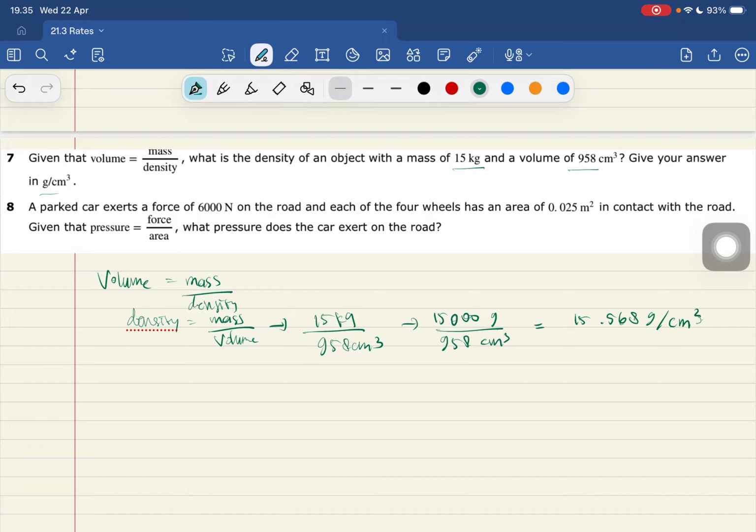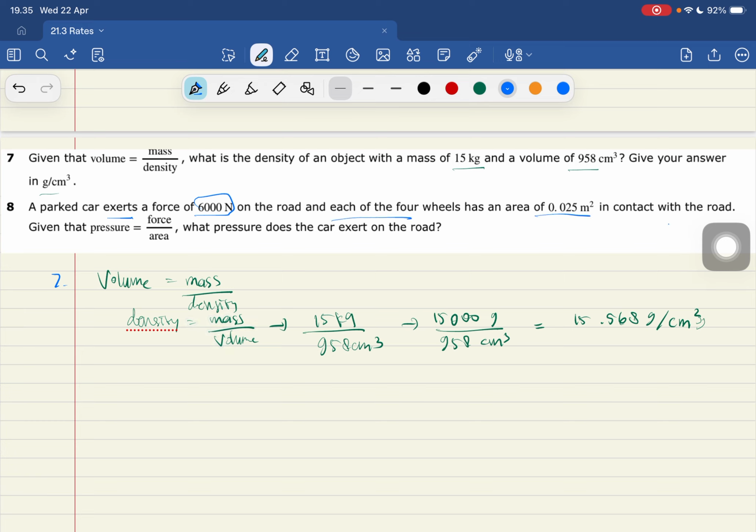Okay, next is number 7. A car exerts a force of 6,000 Newton on the road, and each of the 4 wheels has an area in contact with the road. Given the pressure, you can write it here, the pressure. So the force is 6,000 Newton.